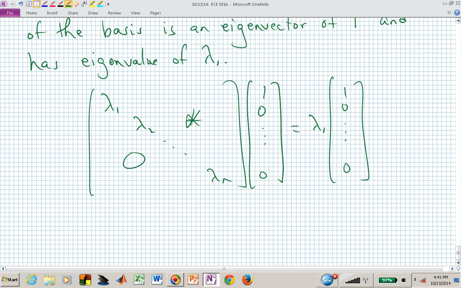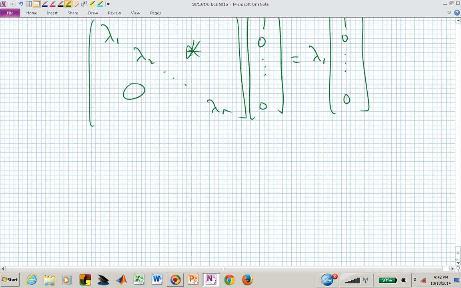If you needed a counterexample, just think of a 2 by 2 matrix, maybe a rotation, that didn't have any real eigenvalues associated with it. And so that would not have this upper triangular structure. And that's what we were really trying to conclude.